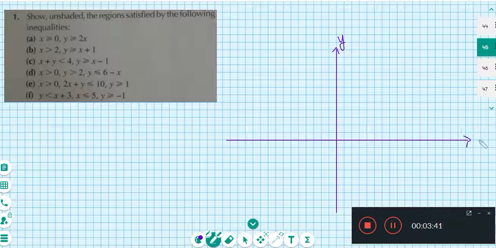And this is the origin. Also labeling this with divisions 2, 4, 6.